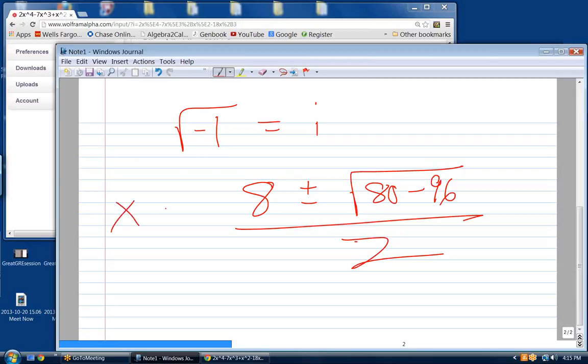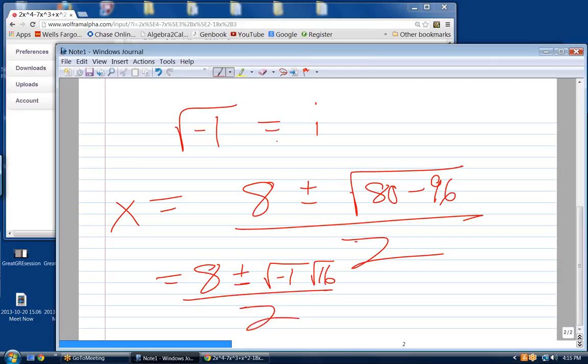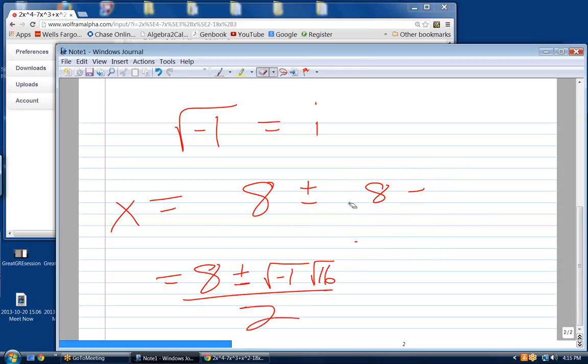So let's say I've got a quadratic, I plug it in, and I get this as an answer from the quadratic formula. Well, what is that? That's 8 plus or minus, this is -16. So the square root of -16, I'm going to write as the square root of -1 times the square root of 16. Okay, you with me? Yeah. Okay.